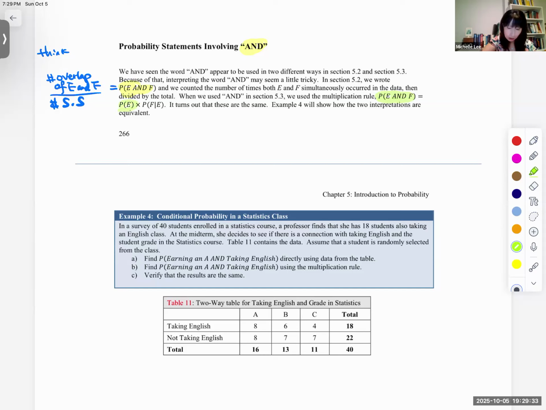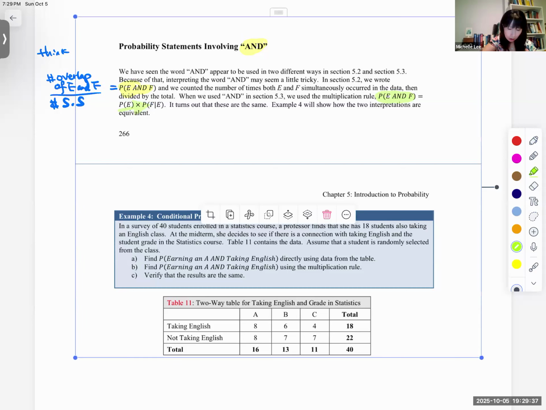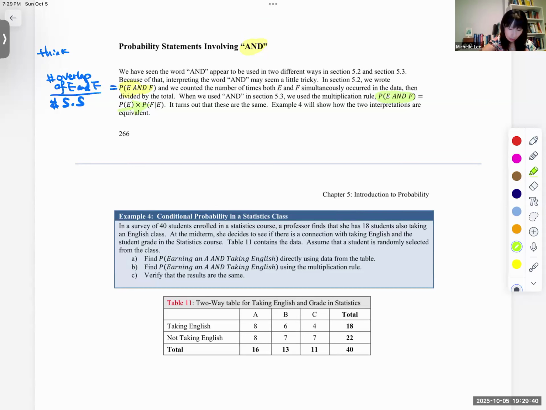Then probability of E multiplied by probability of, yeah, we have also another one too, right? So in the multiplication, we have another one too, actually. Let me write down.